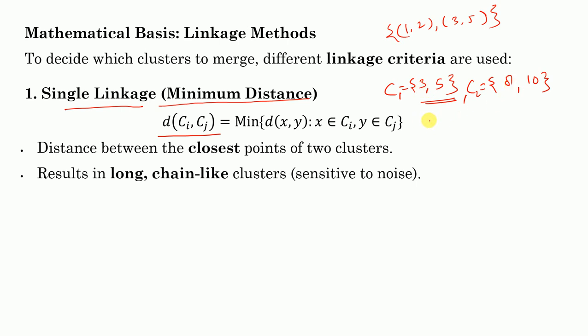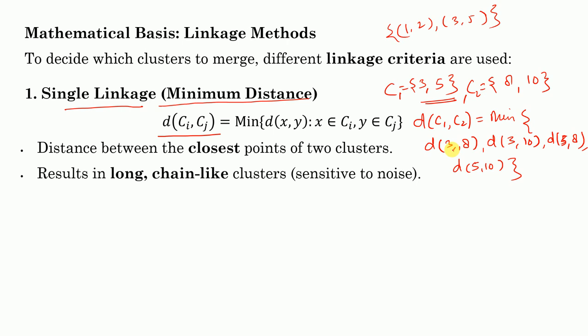That is, to calculate d(C1, C2), we have to take the minimum of all these distances: the distance 3 comma 8, 3 comma 10, 5 comma 8, and 5 comma 10. So first we calculate all these distances, then select the minimum of all these distances. This will give you d(C1, C2).